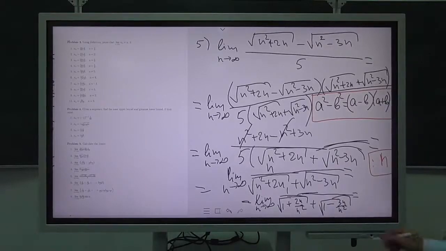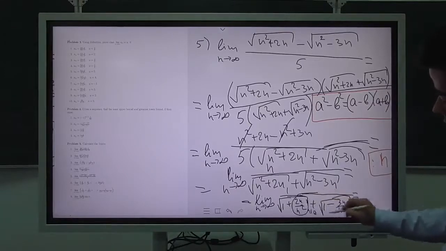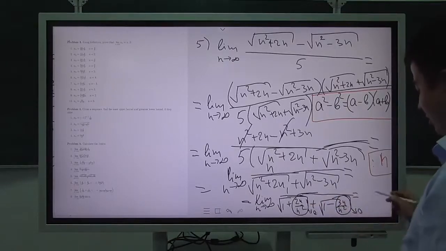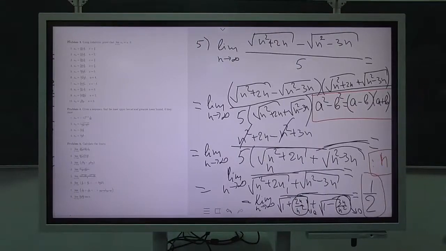These two go to 0, and what we have? Square root of 1, square root of 1. So it is 1 plus 1, 2. 1 over 2, we have half. This is the answer: half. So it was number 5.